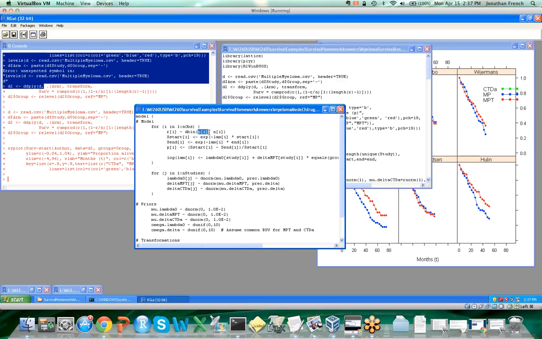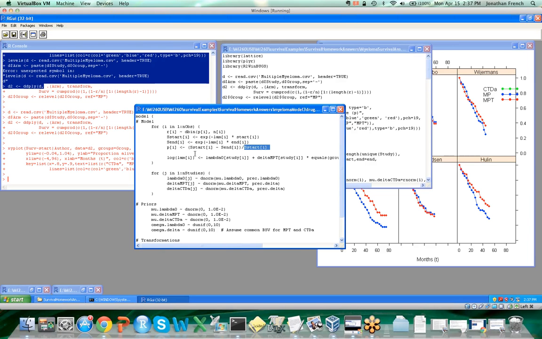P is the probability of a patient dying in that interval, and N is the number of patients at risk over that interval. And our model says, by basic laws of probability, that the probability of dying in that interval is the probability of being alive at the beginning of that interval minus the probability of being alive at the end of the interval, divided by the probability of being alive at the start of the interval.